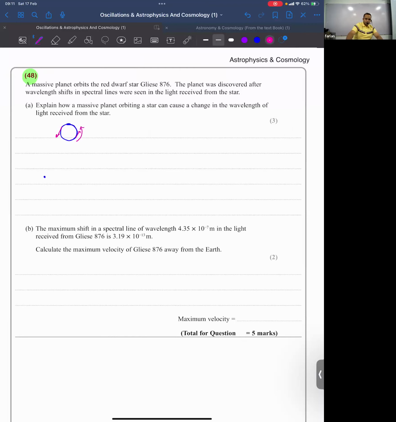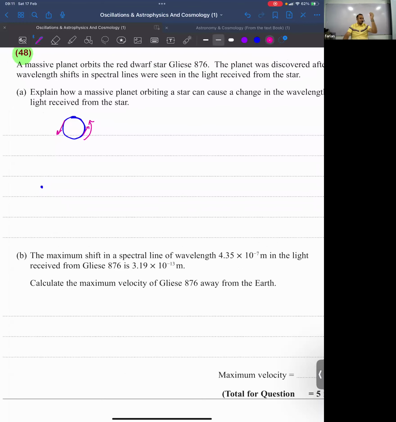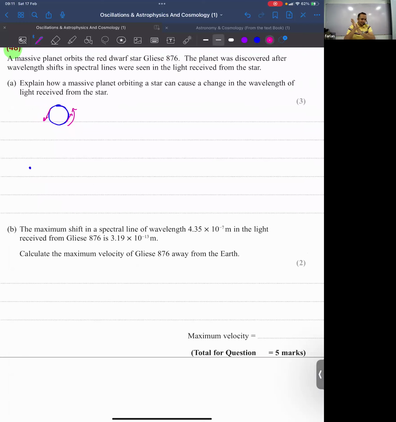According to the Doppler effect, the wavelength received from a point moving towards the planet will be less than the actual wavelength, and the wavelength received from a point moving away from the planet will be more than the actual wavelength. So you can discuss it for a 3 marker, right? The star is rotating.